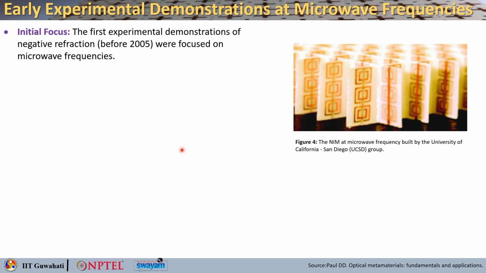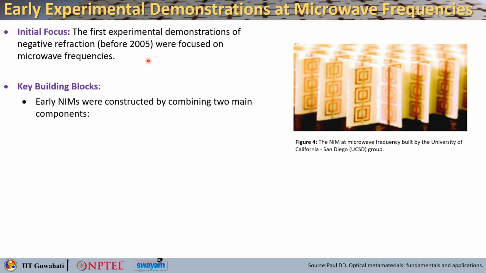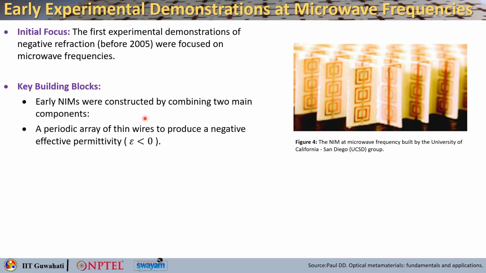Now we will look into some early experimental demonstrations of negative index materials at microwave frequencies. The first experimental demonstrations of negative refraction, obtained before 2005, were mainly focused at microwave frequencies. What are the key building blocks here? These early negative index materials were constructed by combining two main components.